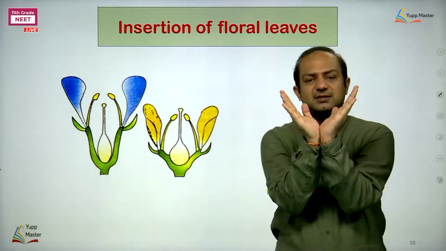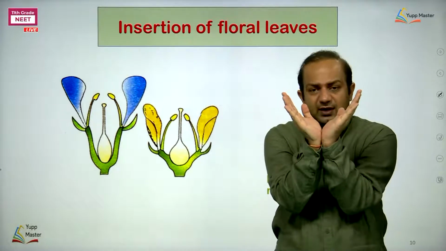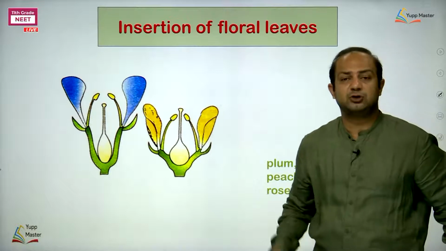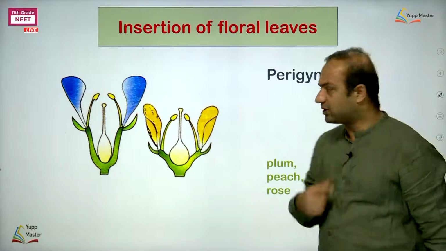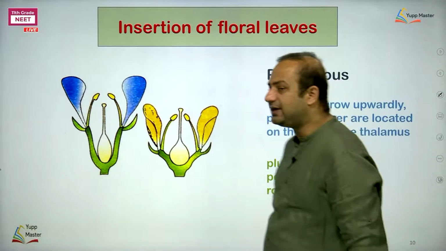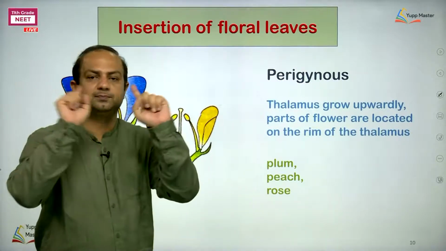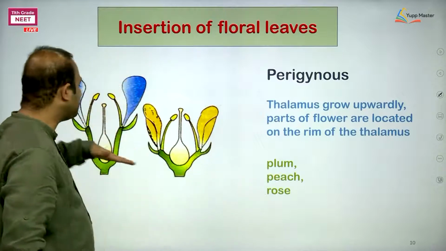Now the thalamus has risen up a little bit, and we observe this structure where the floral leaves are present on the rim of the thalamus. So we call it perigynous. Peri means around. Clear? Around the female. They all are almost on the same level.